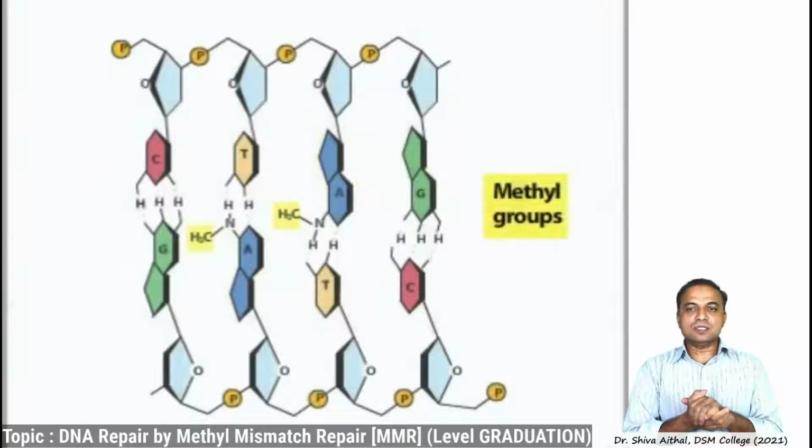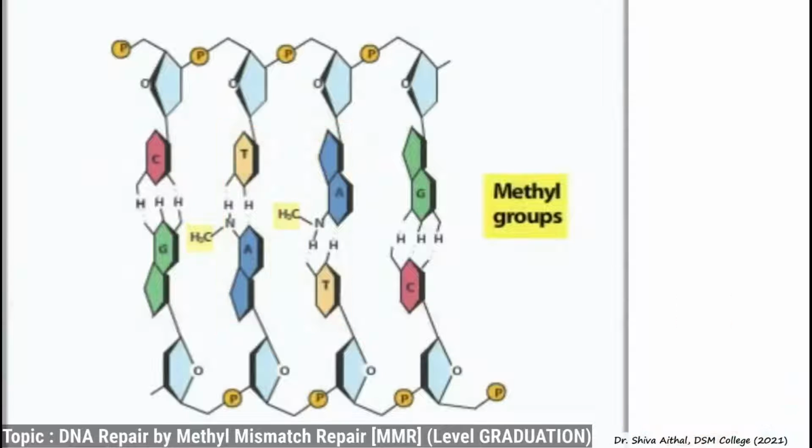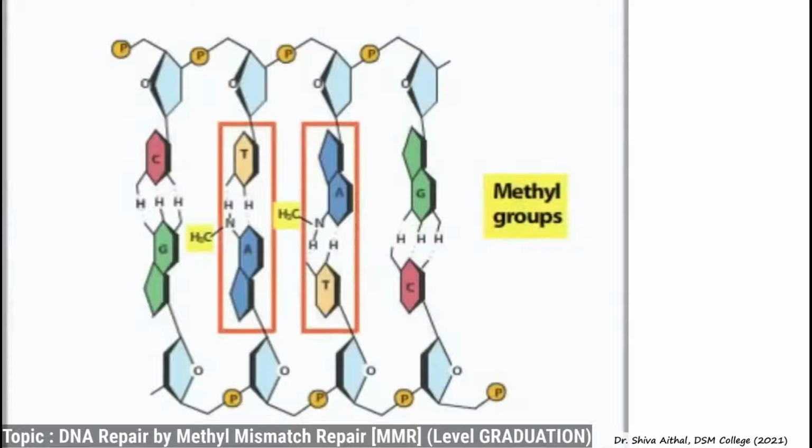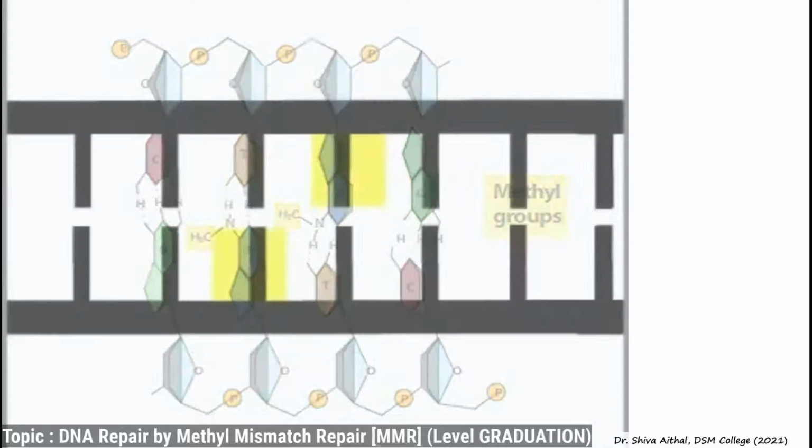It adds a methyl group to the adenine in both strands of the sequence. So in both the parental DNA strands, adenines are methylated wherever there is a GATC palindromic sequence. So these methyl groups are added on adenines. Adenine and thymine normal base pairs are there, and on this adenine there is a methyl group added.